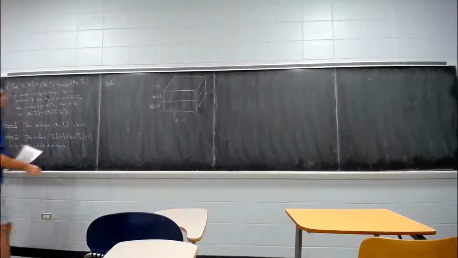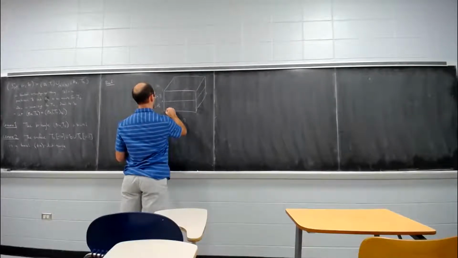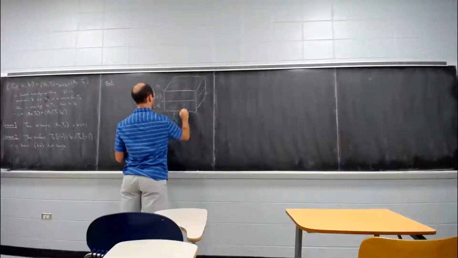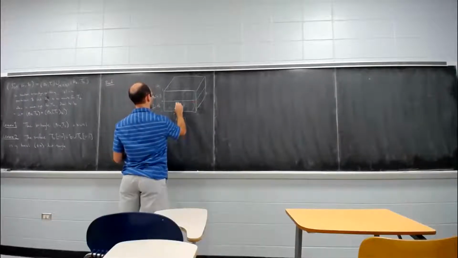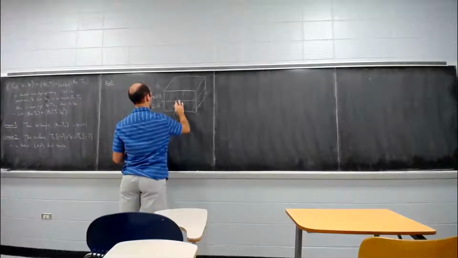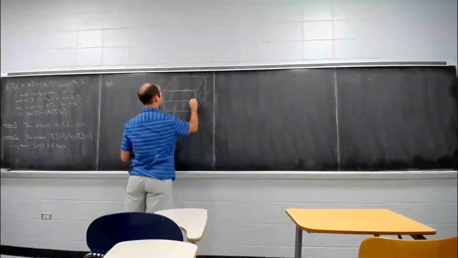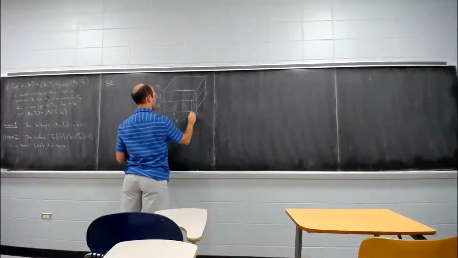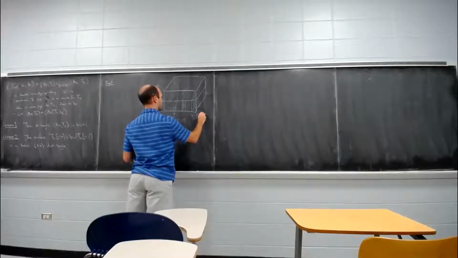And then we have a trivial tangle, which maybe I'll put in here as looking something like this, and this tangle comes up to this level. So this is the tangle T2 cross [-1, 0].